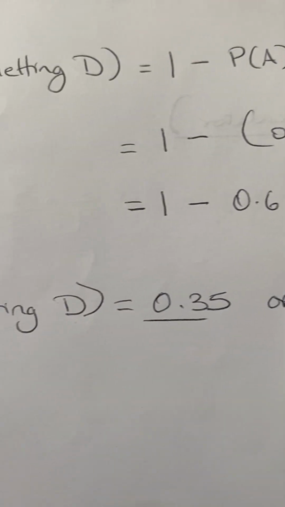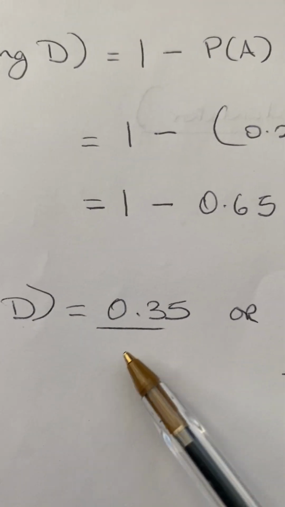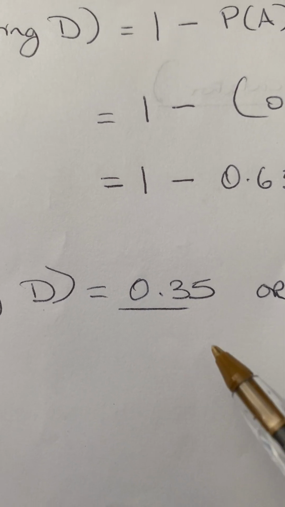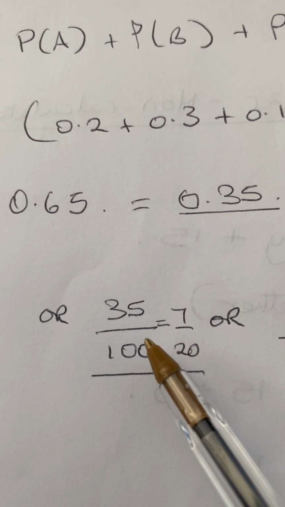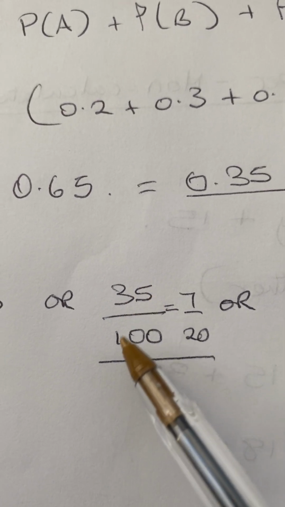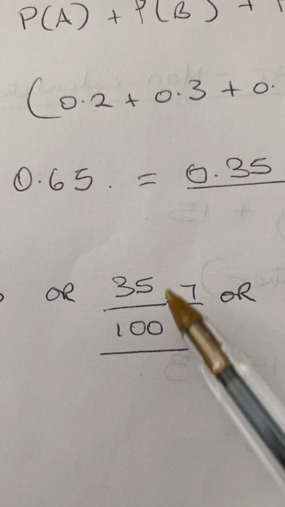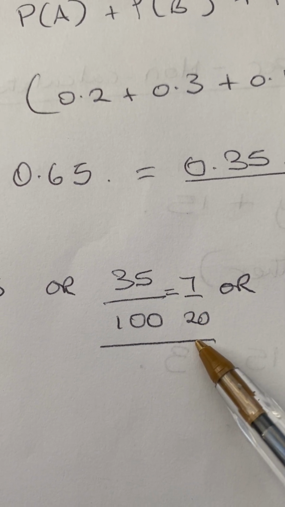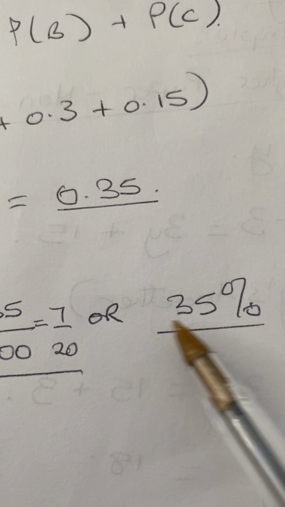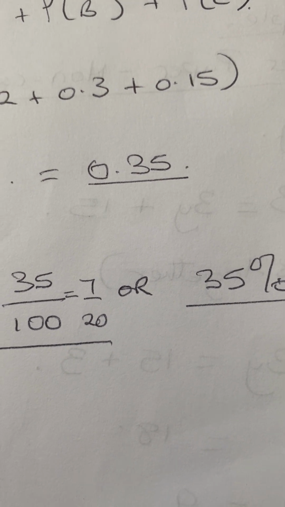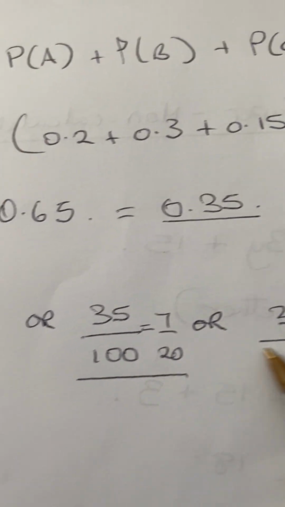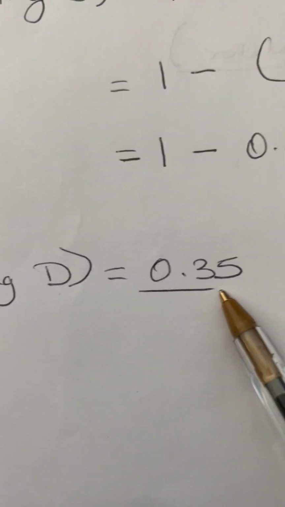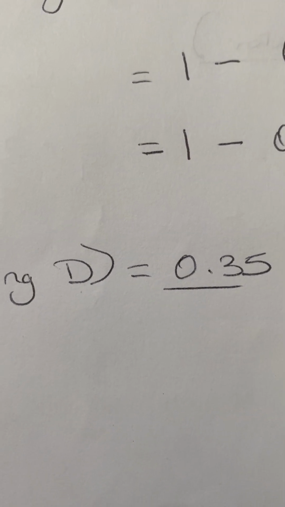Okay, so 0.35, I'll leave my answer as 0.35, or in fraction form is 35 over 100. If you divide by 5, you get 7 over 20, or 35%. Any of them is right, but I'll just leave my answer here and move on.